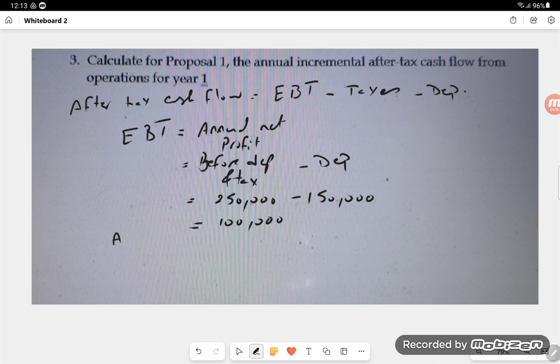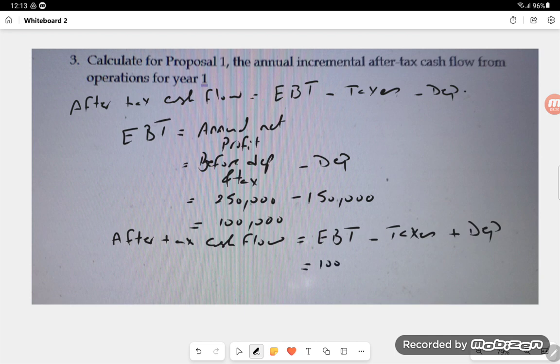So after tax cash flow equals earning before taxes minus taxes plus depreciation. Earning before taxes is 100,000 minus taxes.